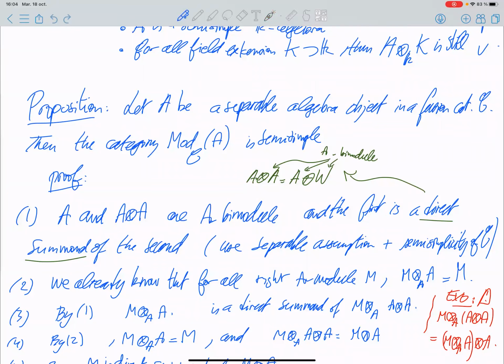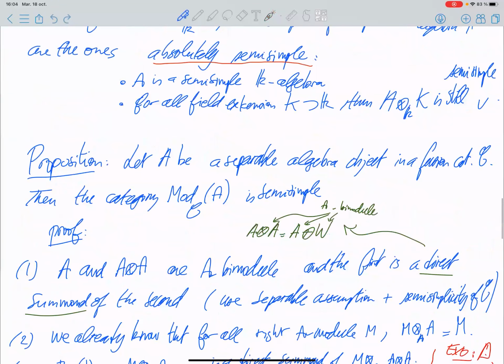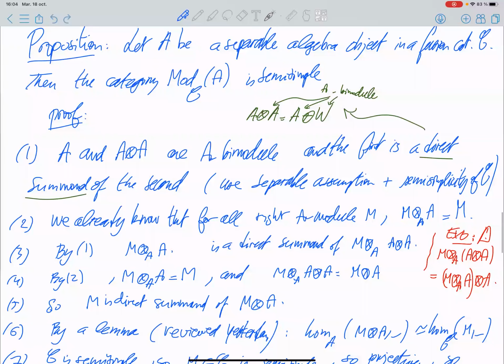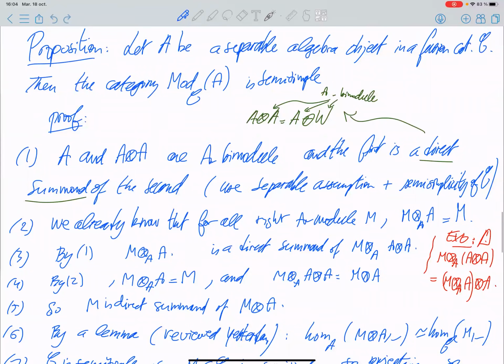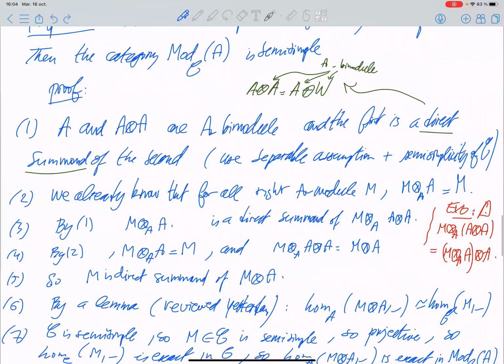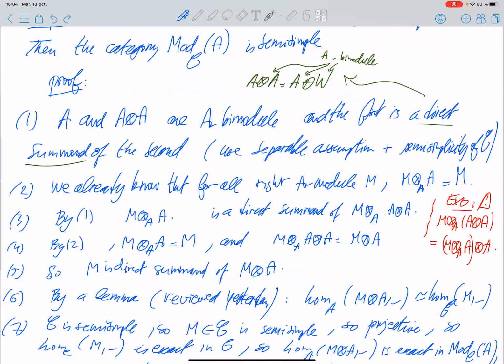So, if A is separable, then the category is semi-simple. And we use separable here. Maybe I can do like that. We use separable to get that A is a direct summand of A tensor A. Okay.